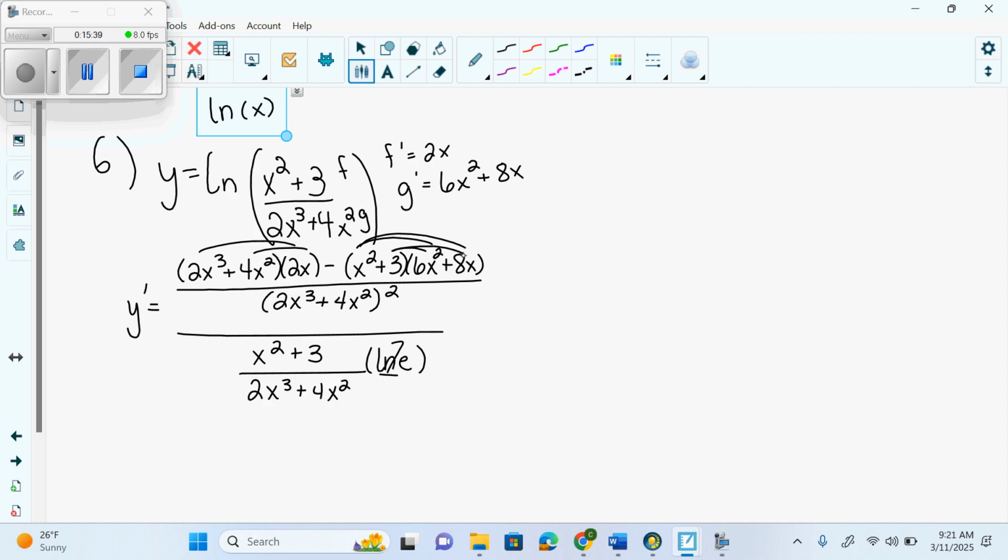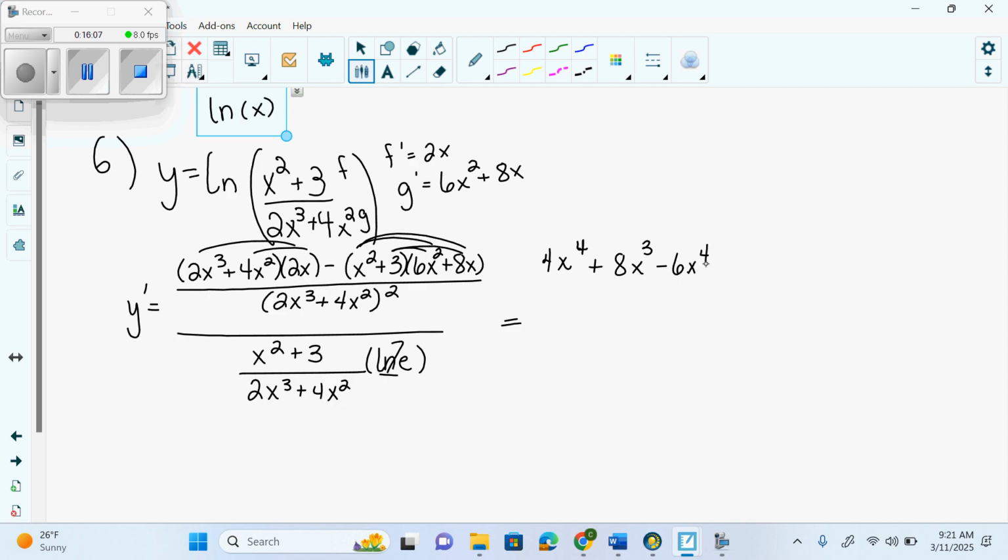So I'm going to get on the top, in the numerator, 4x to the 4 plus 8x cubed. And then whatever I distribute in these brackets, the sign is going to change because I'm subtracting. Yeah, so all of them become negative because they were all positive. But anyway, x squared times 6x squared is 6x to the 4, so I'm going to get minus 6x to the 4.